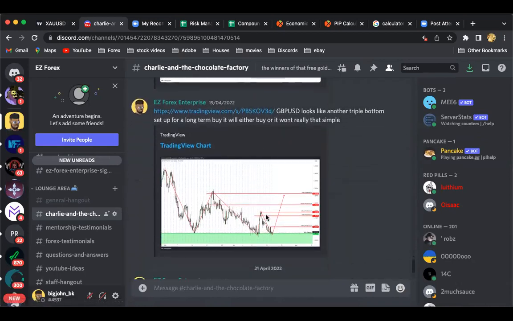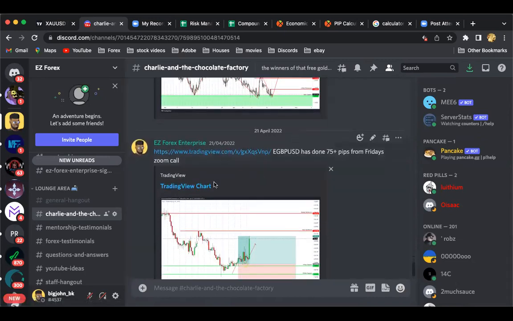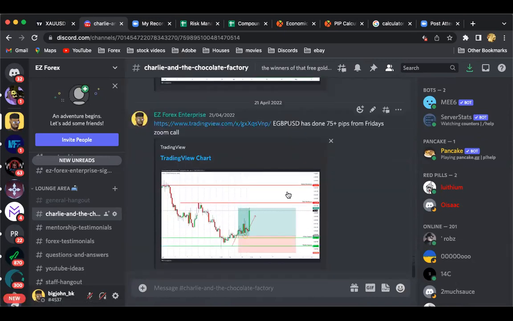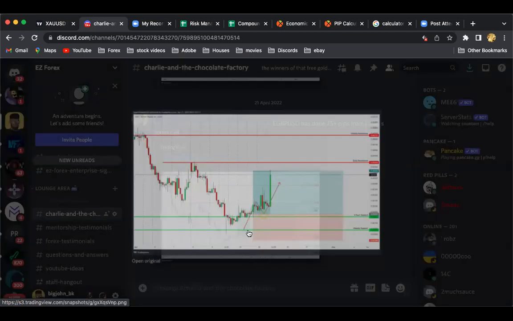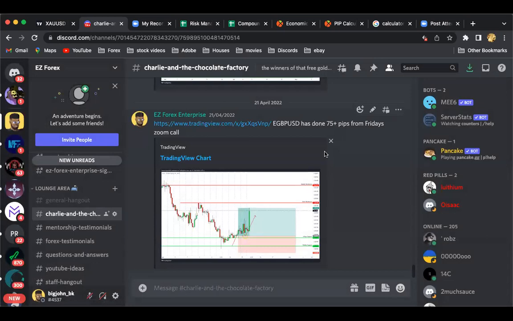GBP USD was looking at a buy, it went about 90 pips and then it reversed and did its 1,000 pip drop. And then there's Euro GBP, which actually went up about 75 pips or more as well. So that's that section there.